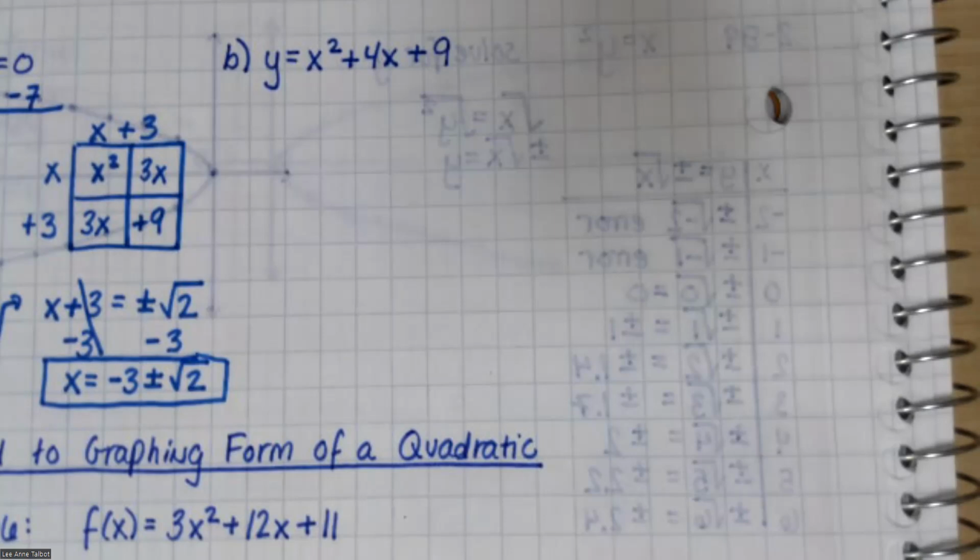Okay, so you are going to do B. First, this one doesn't have a 3 in front, much easier. Also, notice I use y instead of f of x. That shouldn't throw you off. Just first step is minus 9, and then that side is going to be y minus 9. f of x and y are interchangeable.